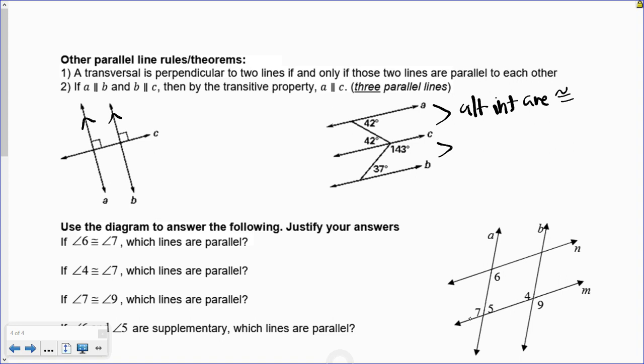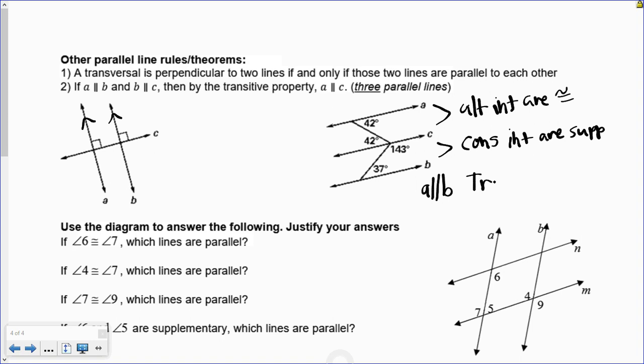What does 143 plus 37 equal? Which is supplementary. So consecutive interior are supplementary. So I know that A and C are parallel because of that. I know C and B are parallel because of that. So how could I say that A and B are parallel? That little symbol is parallel.